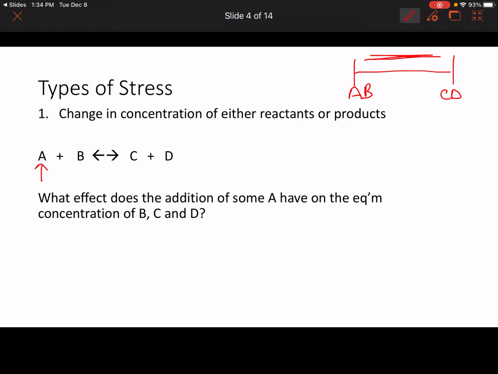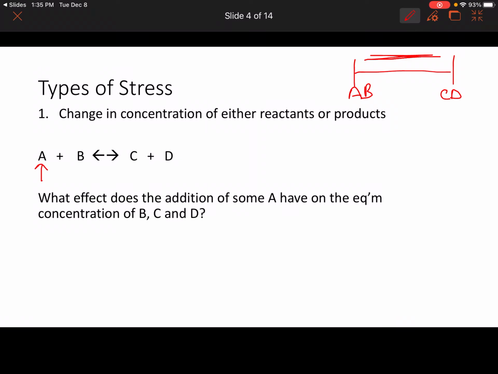We have to try to visualize this actually happening. A and B are reacting together to form C plus D. At the same time, C and D are reacting together to form A plus B. So we've got both reactions happening. Now, if I increase A, what am I going to do to the possibility of A reacting with B?